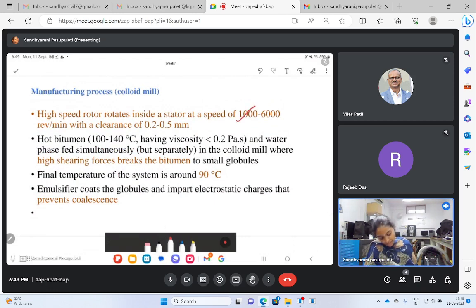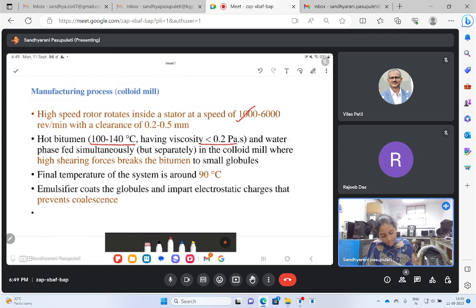So at higher revolutions per minute in the colloidal mill, first we will rotate the bitumen. So the hot bitumen, at around 100 to 140 degrees, and initially the base bitumen, which is unmodified bitumen, we try to maintain its viscosity low, which is less than 0.2 pascal second.